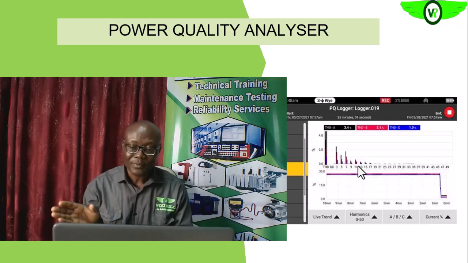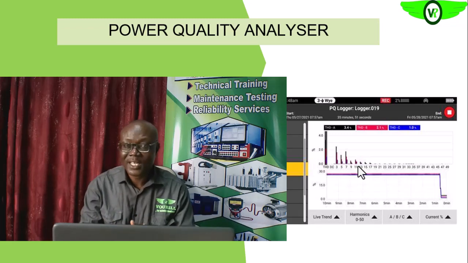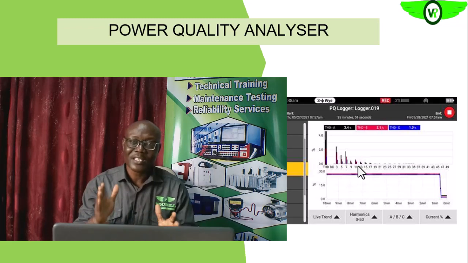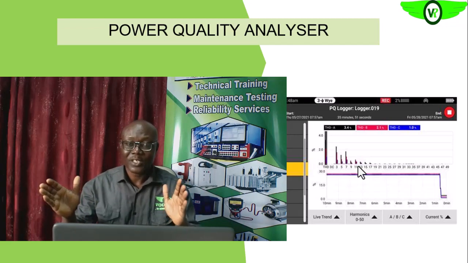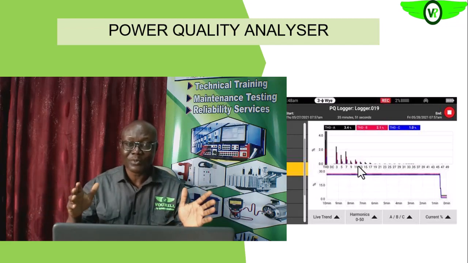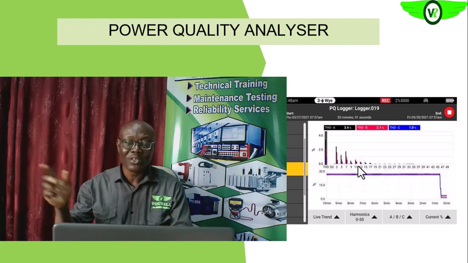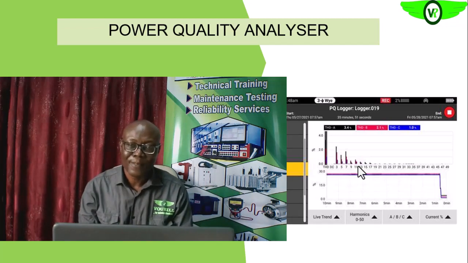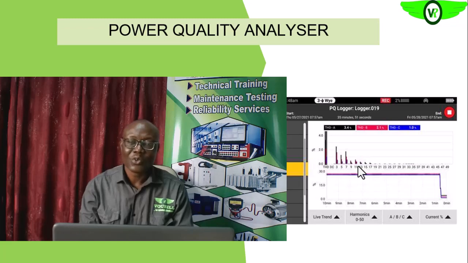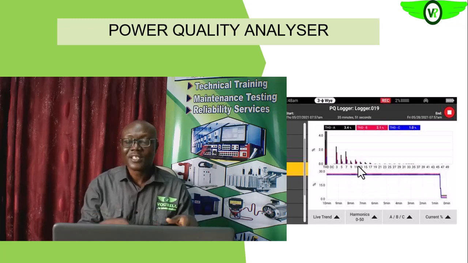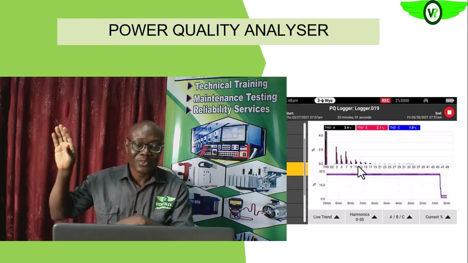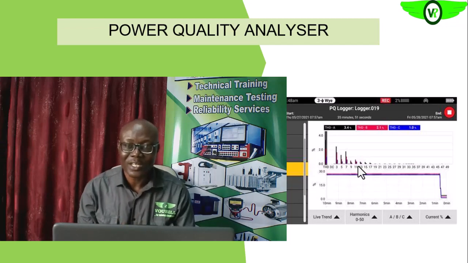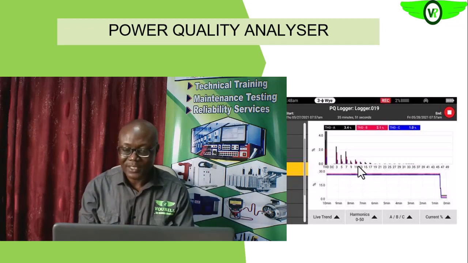But those triplets, the zero sequence harmonics, behave like single phase loads. Remember, if you do not balance the load on each of the phases, you have current flowing on your neutral. Are we getting it? So if you have those triplets, they will not cancel out, they will tend to add up on the neutral and cause neutral overheating.